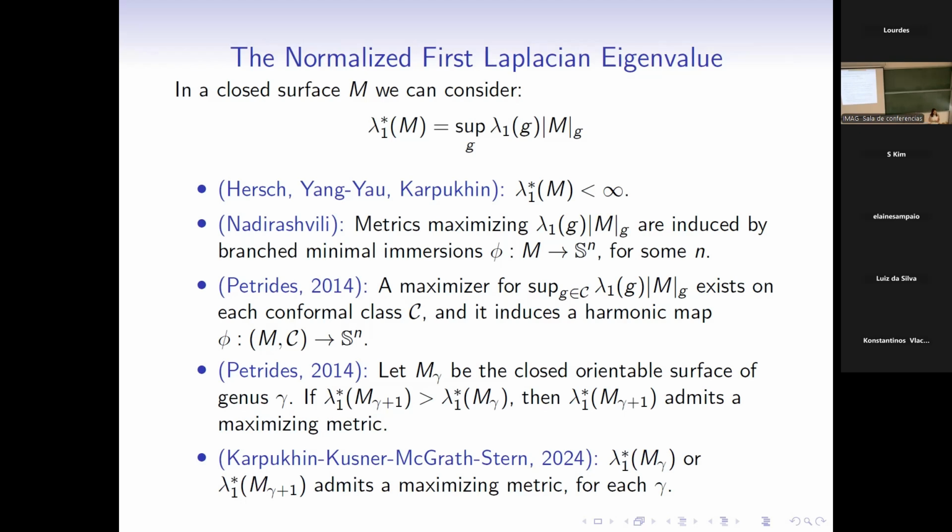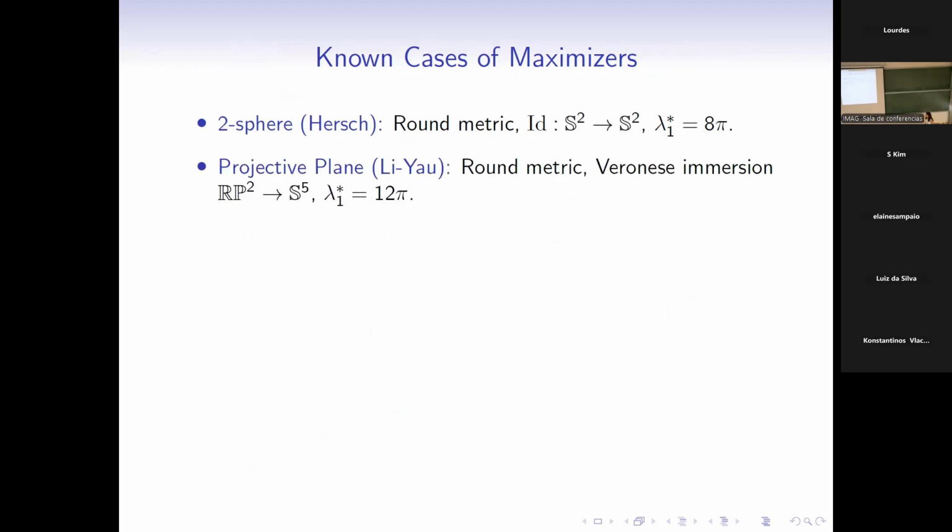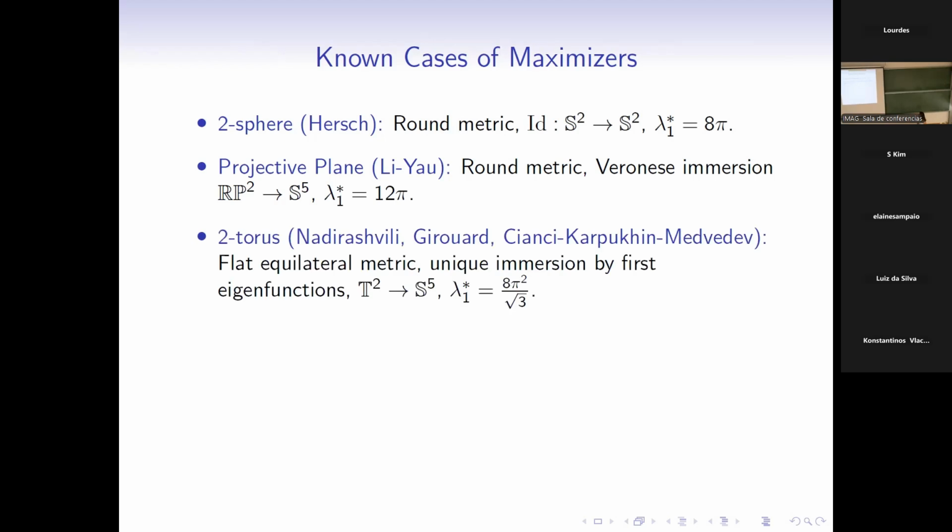Now we can ask about the ones that we know explicitly. And for that, well, in the case of the two-sphere, Hersch proved that we do have the round metric as the maximizing one. The projective plane was done by Li and Yau. It's also the round metric.